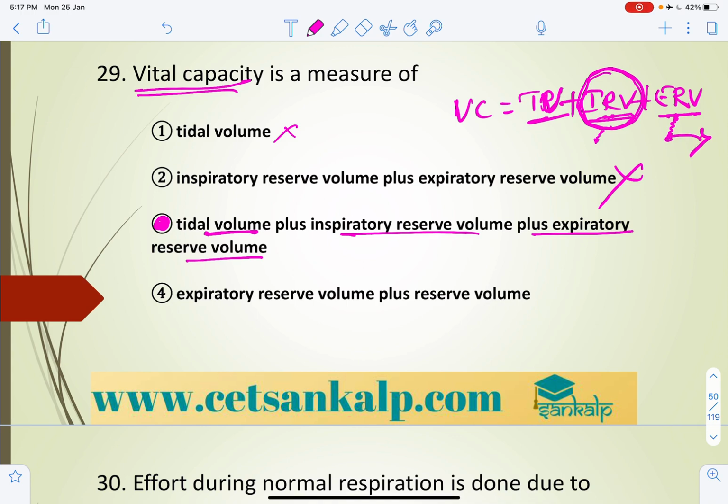Whenever we say IC and EC, repeat many number of times, the inspiratory capacity is the total volume of air inspired after normal expiration.